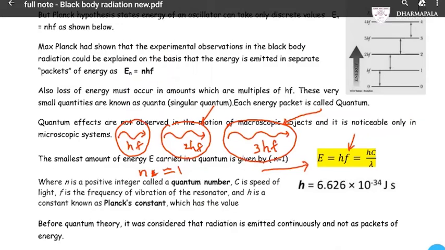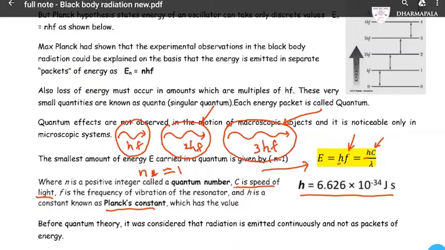Frequency can also be written as c over lambda, where c is the speed of light. The speed of light divided by wavelength gives the frequency. And this h is known as Planck's constant, and the value is also given here. So this is Planck's quantum theory.